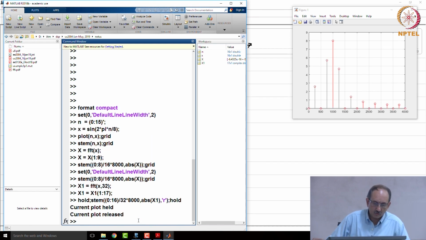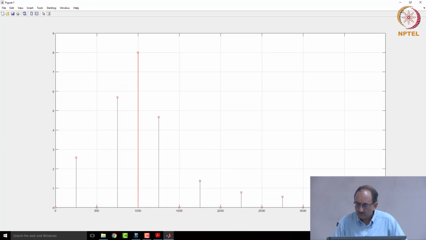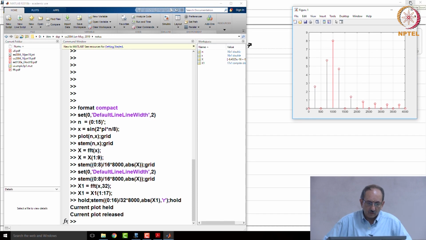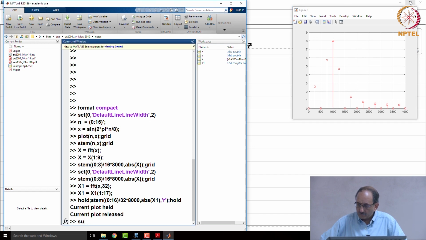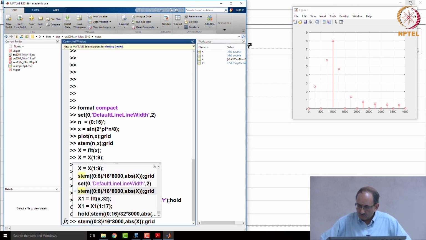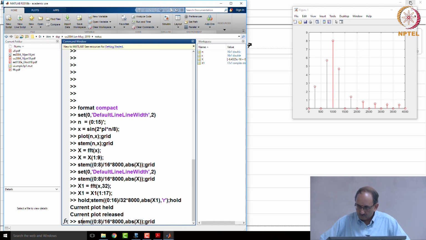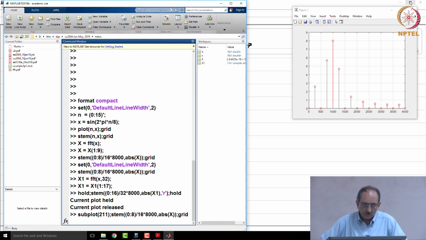And this is what you see. And if you recall the earlier plot, maybe since it is overlying and it is exactly overlapping, you are not able to see the difference. Let me plot it as two subplots.